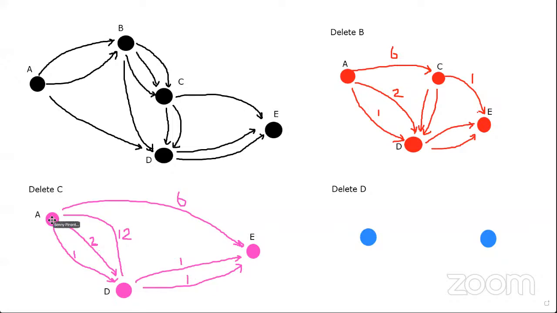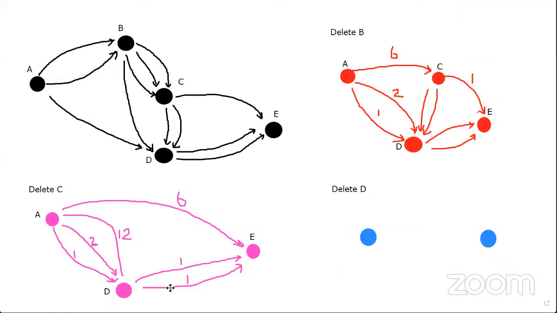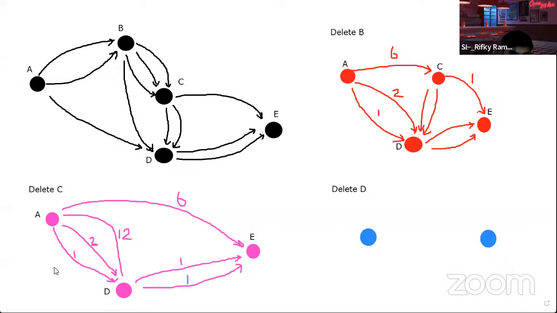So how many ways from A to E via D? 30, ma'am. Yeah, 30, right?